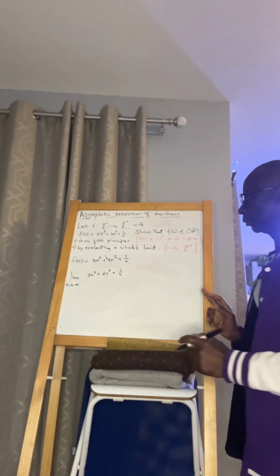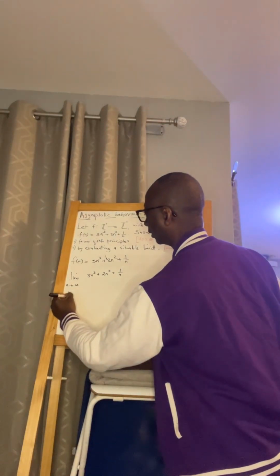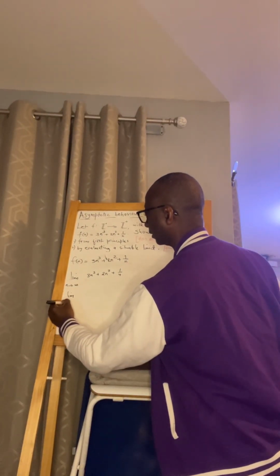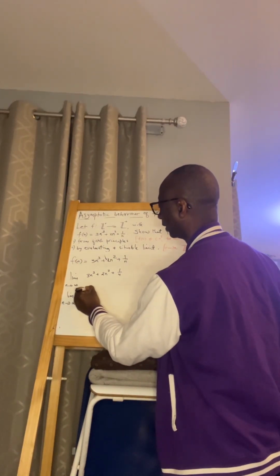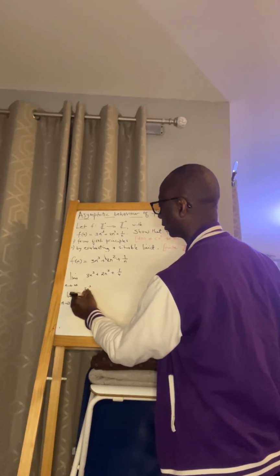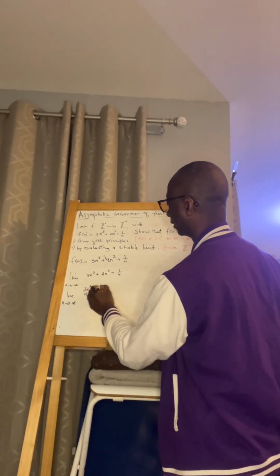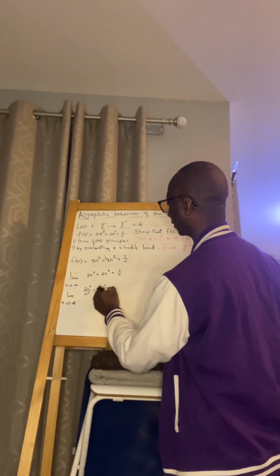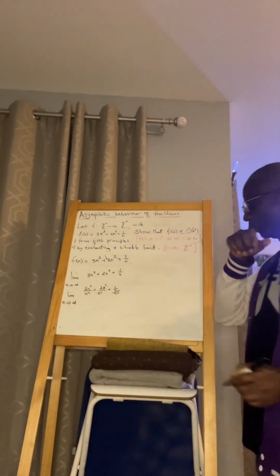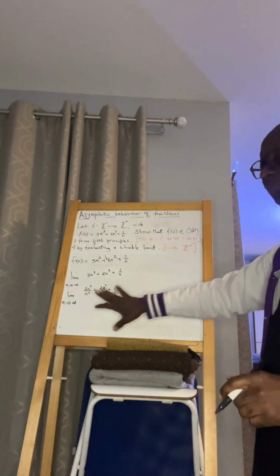So therefore, you will have now the limit as n tends to infinity, 3n cubed all over n cubed plus 2n squared all over n cubed plus 1 all over n cubed.